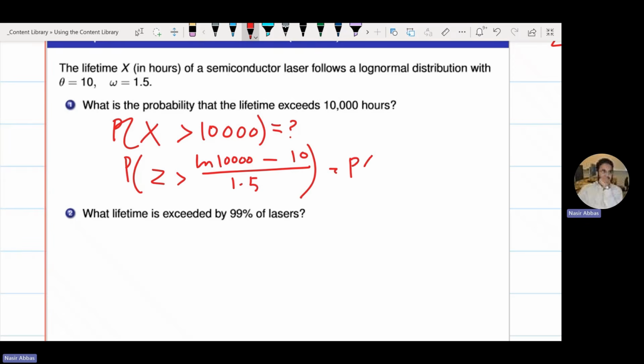And this is probability of Z greater than minus 0.53.